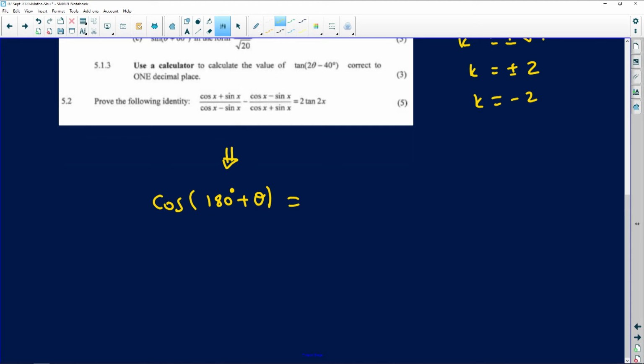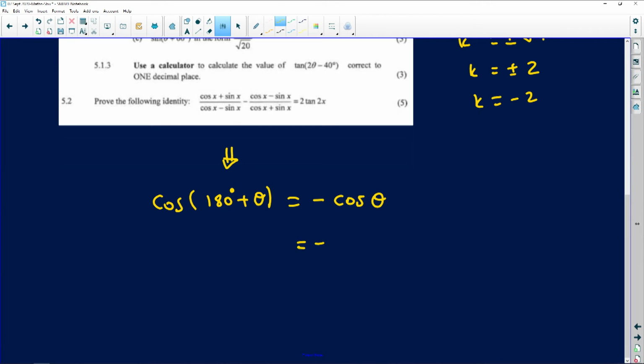That angle would lie in the third quadrant if theta was an acute angle. So I can use the same idea and say in that quadrant, cosine is going to be negative. So I'm going to have negative cosine of theta, because 180 plus would fall in the third quadrant if theta was an acute angle. We're still using the same idea to solve this particular problem.